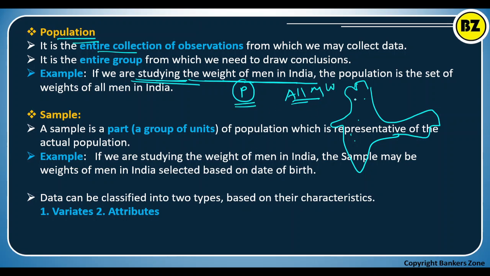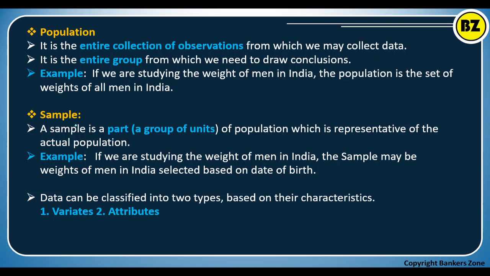And if I select 5 from Jammu Kashmir or 5 from each state as a sample, and I have calculated the average, that will be the sample for me. So again I repeat, here the important concept you should understand. Population means entire group or all data, and sample means only a part of the data.